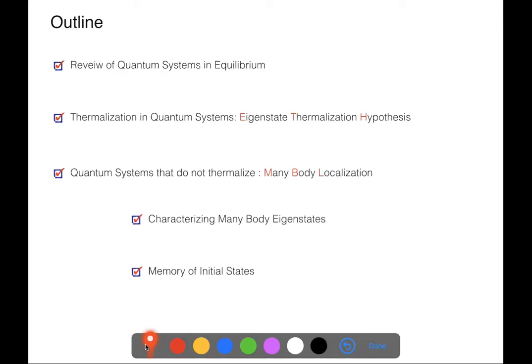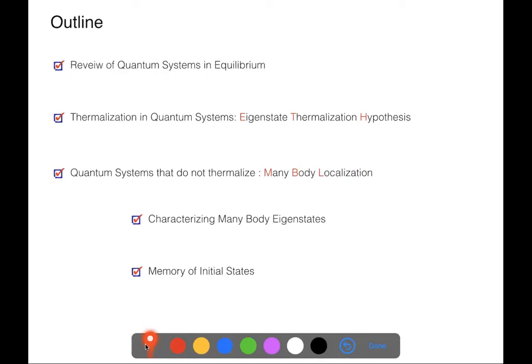Then we will talk about quantum systems that do not thermalize. This would be about quantum systems that do thermalize. And those systems we will put under a general rubric of many body localization.